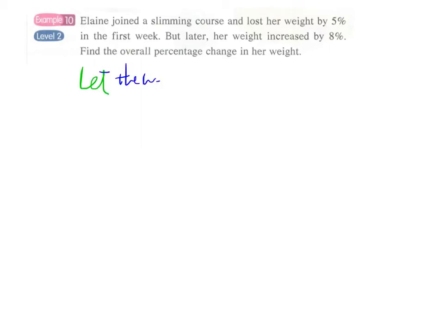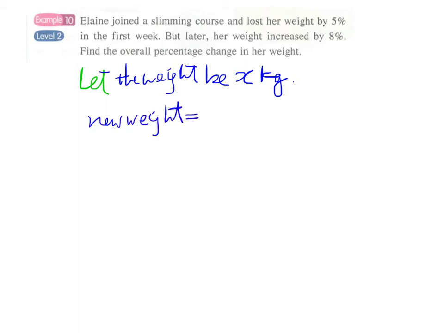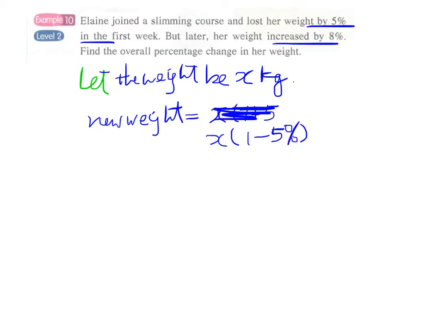Let the weight be x kg. Therefore the new weight of Elaine will be x times 1 minus 5%, and then that will be increased by 8% in the second week.